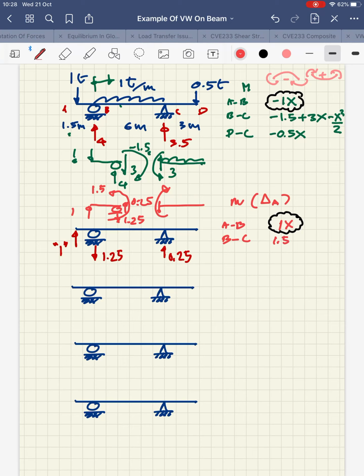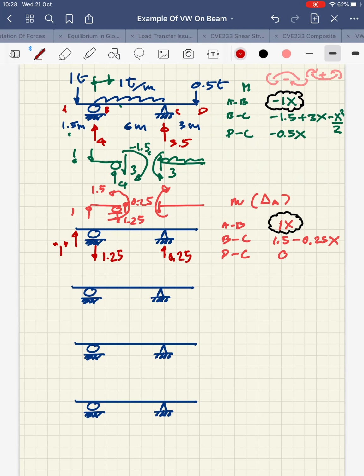So I will have 1.5 as a moment, and then minus 0.25x, okay? And then DC is, well, there's nothing here, so it becomes 0.